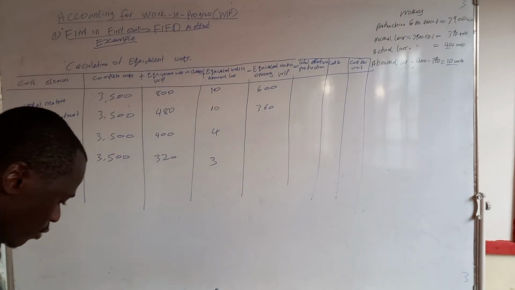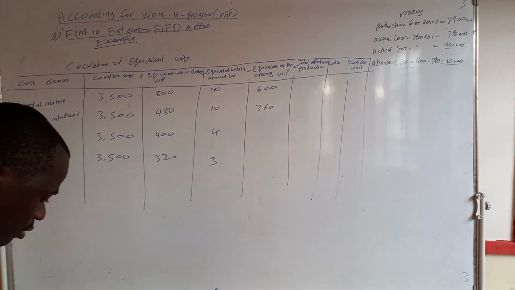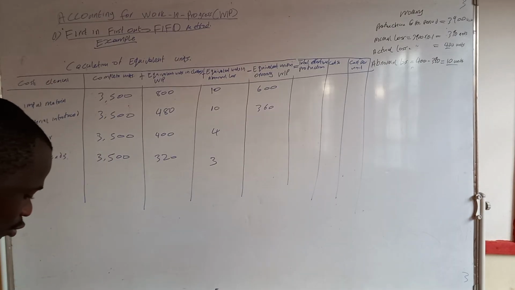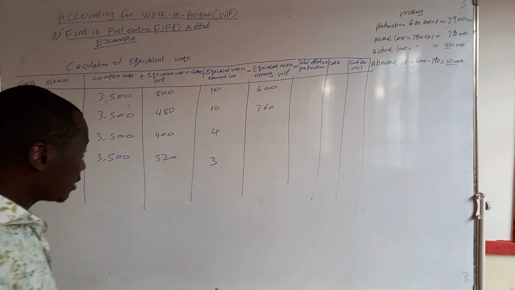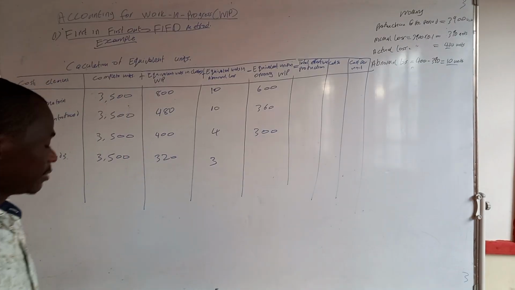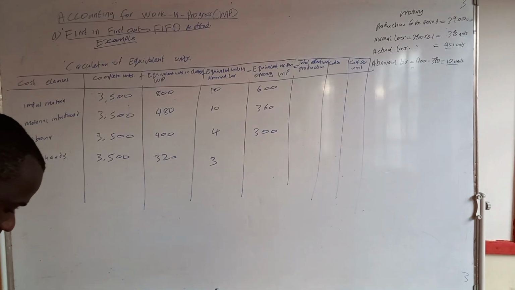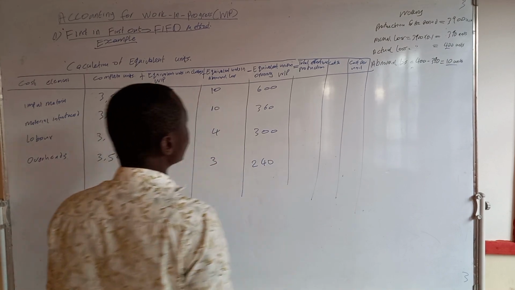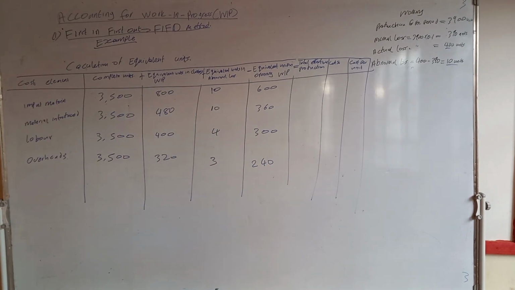Labor was 50% complete, that is 300. Overheads was 40%, that is 240.